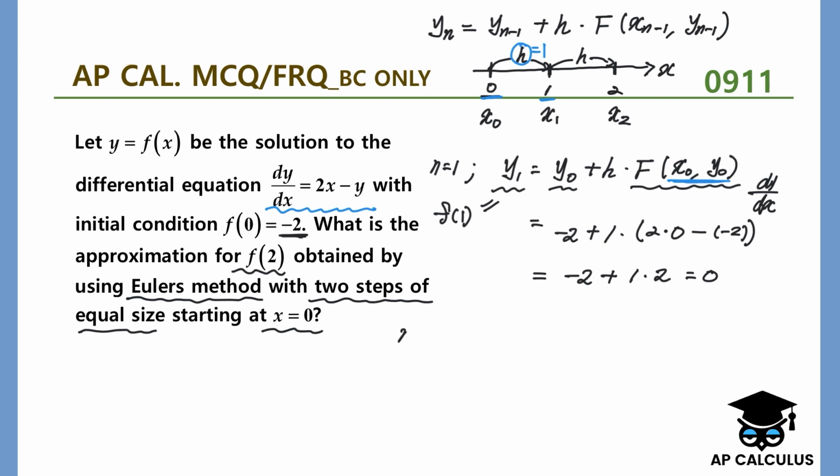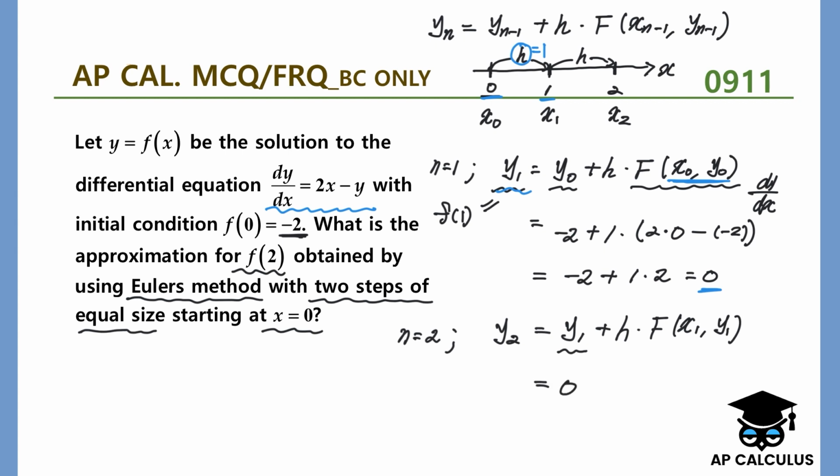Now let n equal 2. Then we can write y2 equals y1 plus step size h times the slope at x1, y1. We found y1 right here. y1 was equal to 0, right?